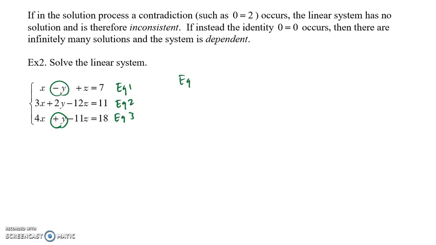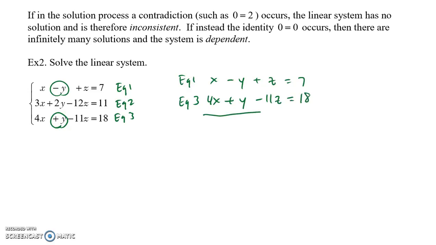So equation 1 would be x minus y plus z equals 7, and equation 3, I'll fix that. Alright, so equation 3 is 4x plus y minus 11z equals 18.